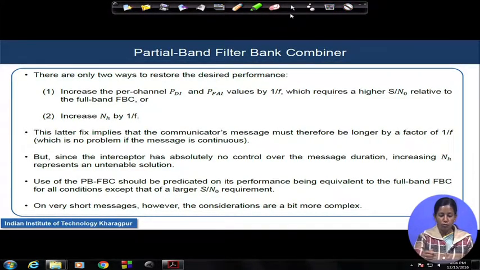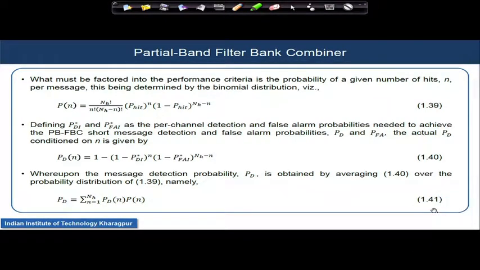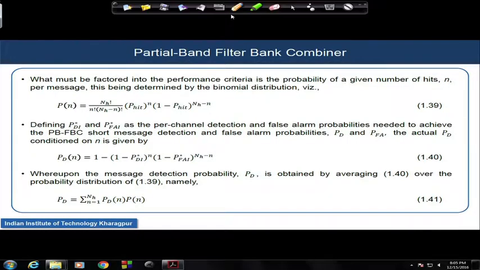And finally, we now understand that the detection probability here is a function of the probability of hit. If I consider that there are a number of hits given by small n, then the probability of this hit will be given by this binomial distribution.